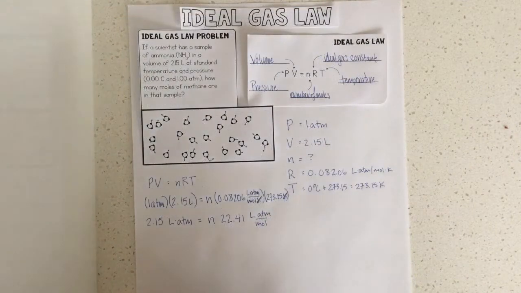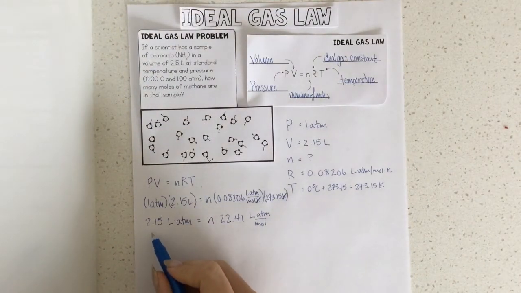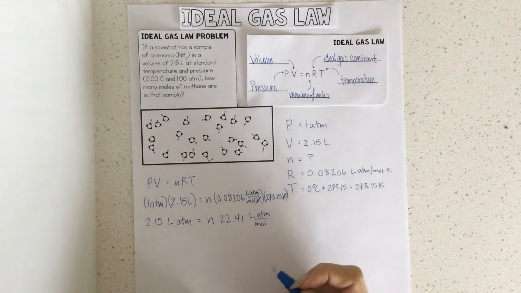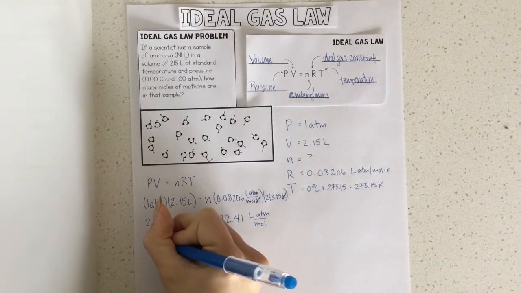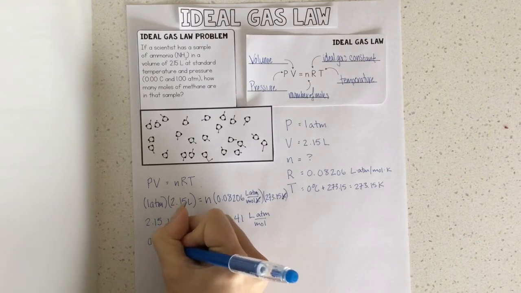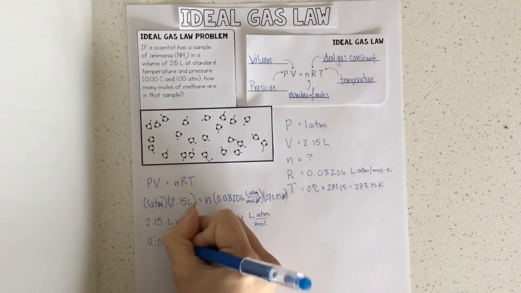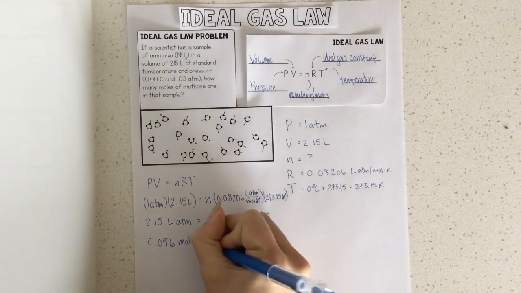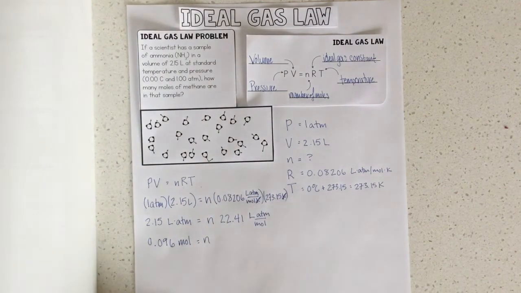The last thing to do is divide each side by 22.41 liters atmospheres per mole. And we're done.